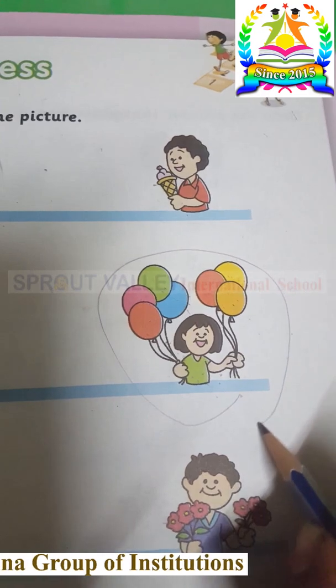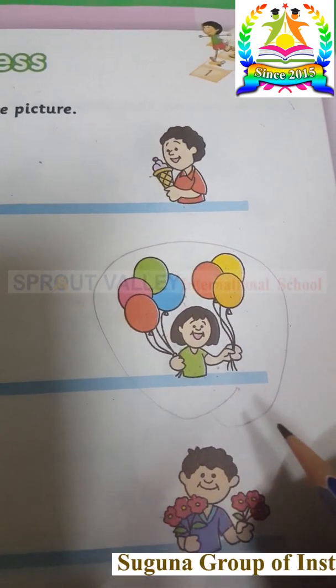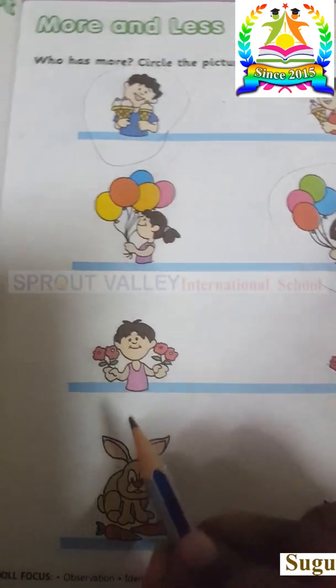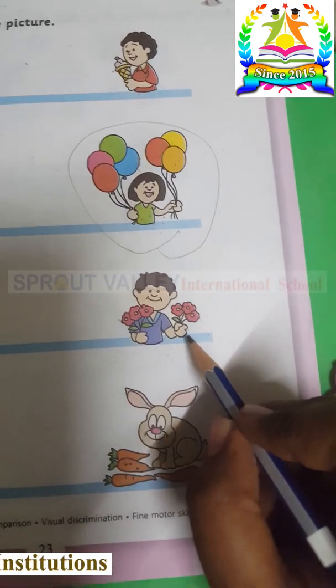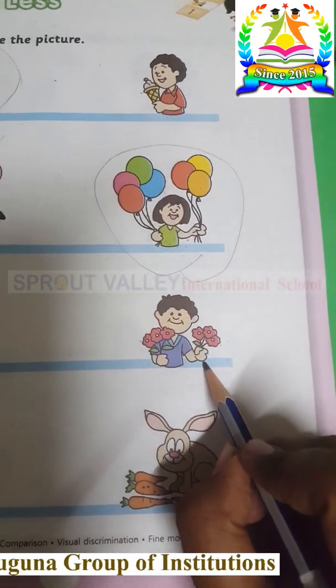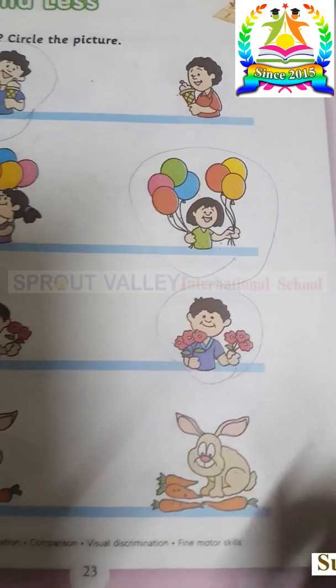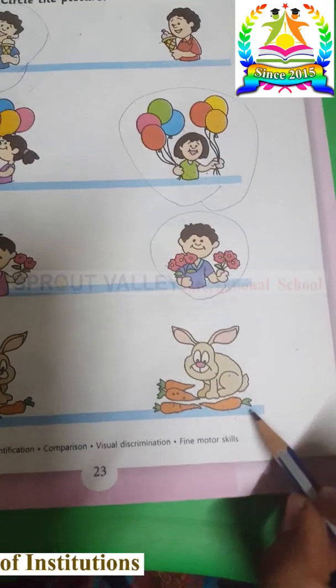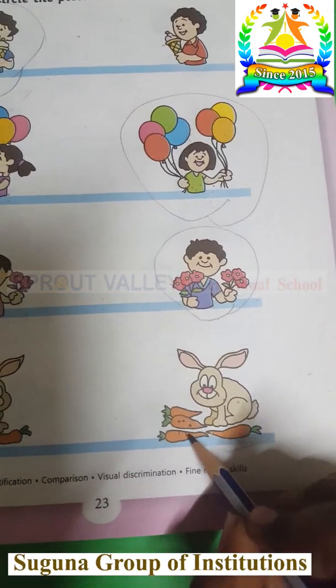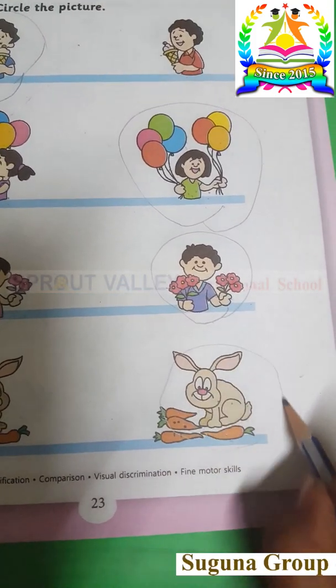So we should circle this. See here, the boy with 6 flowers, we should circle this. So he is having more. The rabbit with 4 carrots, he is having more. So we should circle this.